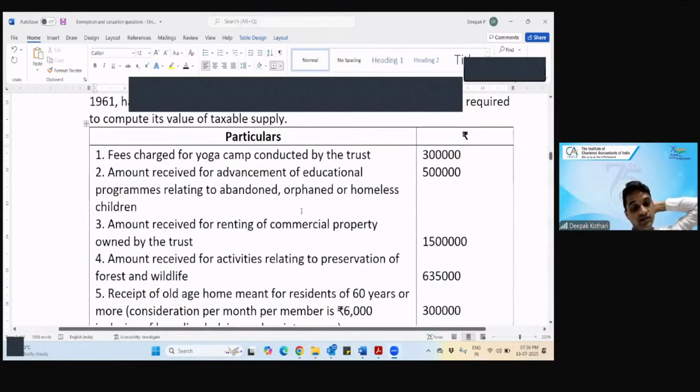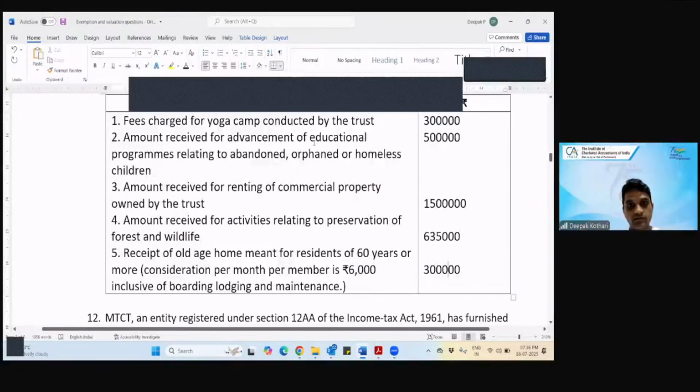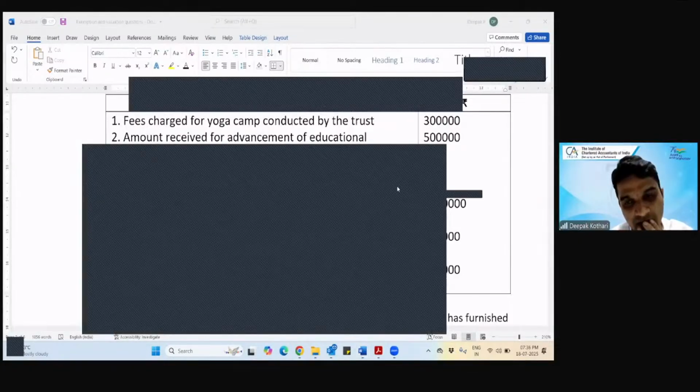Only 3 lakhs is taxable. Okay. Which 3 lakhs? The first one or the last one? First one. Okay.